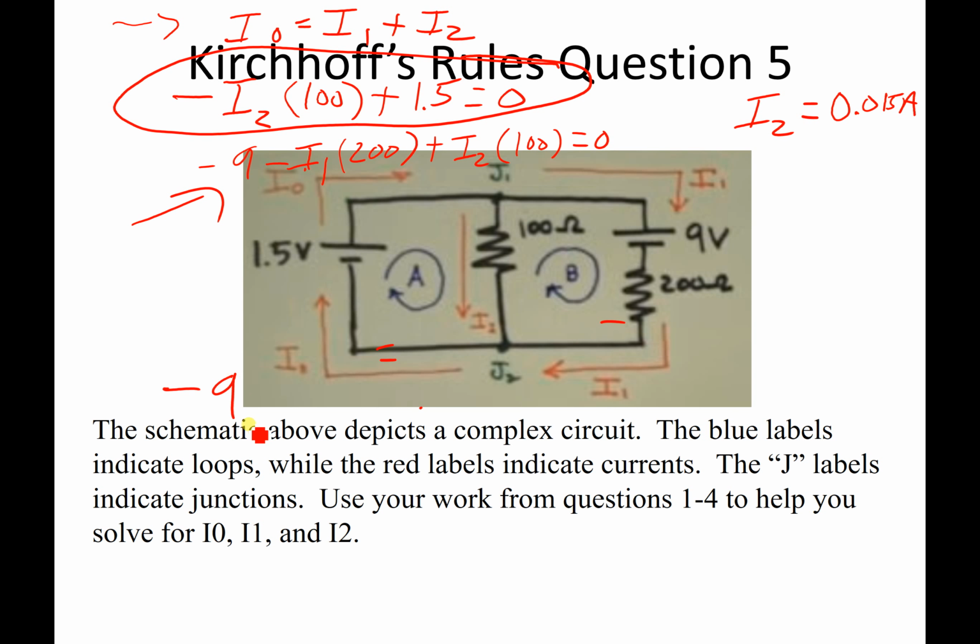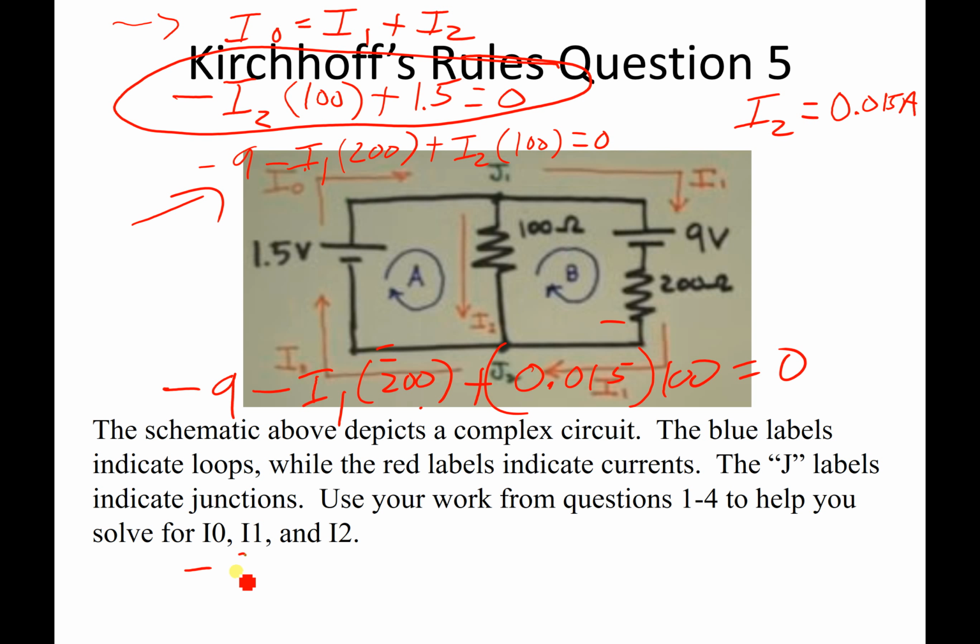Negative 9 minus I1 times 200 plus I2. I want to go ahead and substitute in the I2, 0.015 amps. Let's just leave off the units again. Times 100 equals 0.